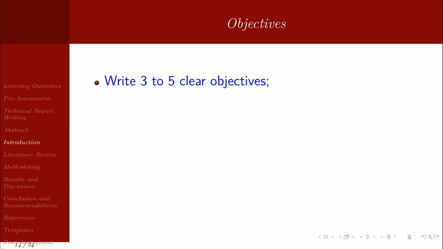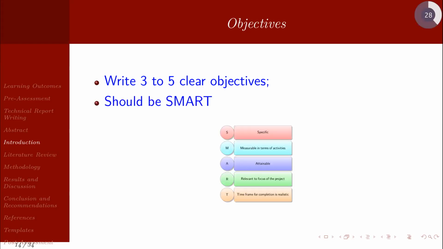So try to write 3 to 5 clear objectives. It should not be too many. If you write too many objectives, you might be under pressure to fulfill so many objectives, you'll burden yourself. So don't overburden yourself. Write 3 to 5 concise, clear objectives, clearly written, not ambiguous.